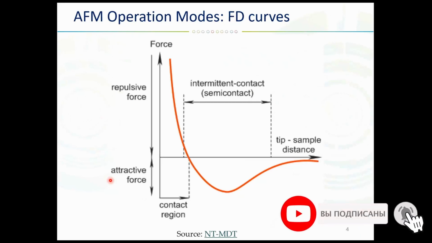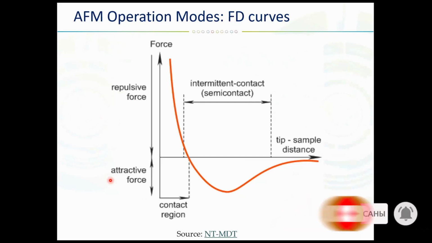So first of all, let's come back to force versus distance curves. This curve should be familiar to you already. What we can see here is that the mode can depend on the Lennard-Jones potential, and here it shows different force regimes which correspond to interatomic forces.